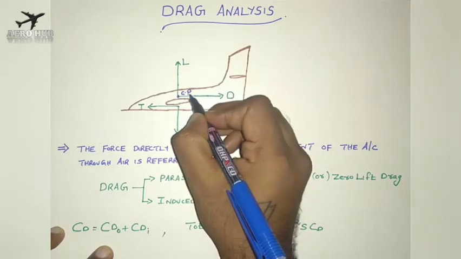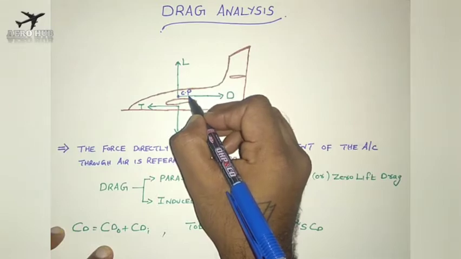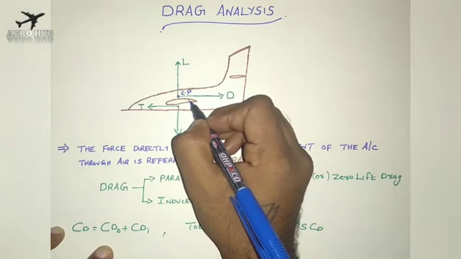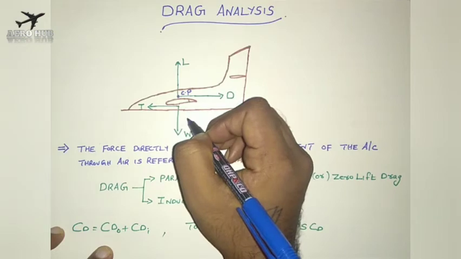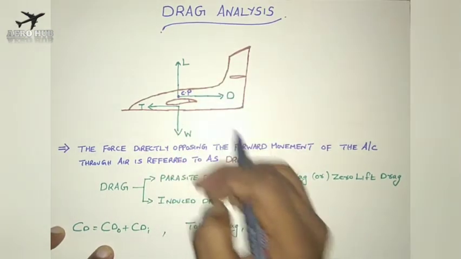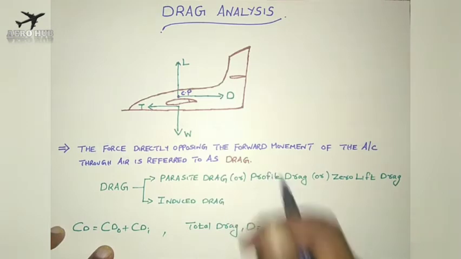And we will be studying something called aerodynamic center. And when the force is acting on aerodynamic center, there will be a moment also acting at the aerodynamic center. Okay, and the thrust and weight will be acting at the CG of the airplane or aircraft.